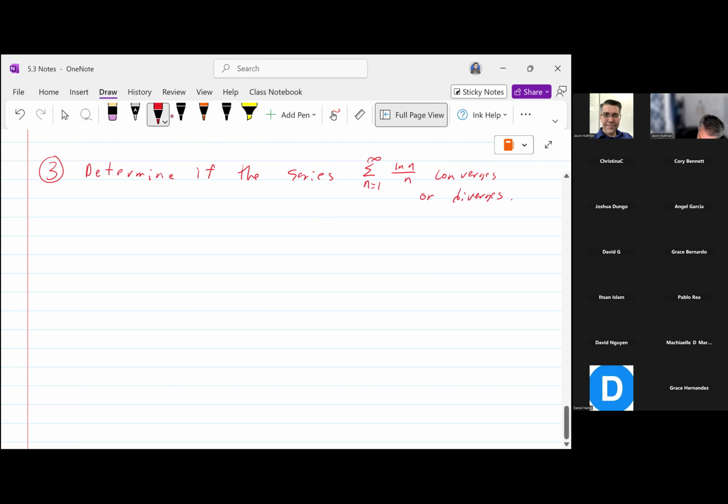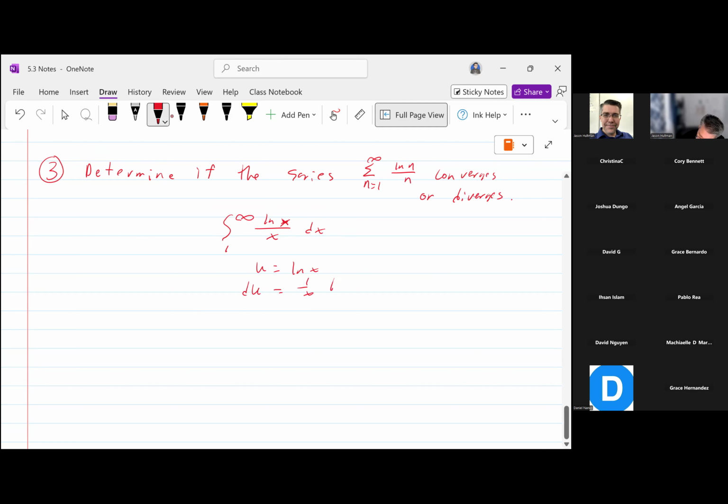So the integral from 1 to infinity of the natural log of x over x dx. Let's do a u sub on ln x.